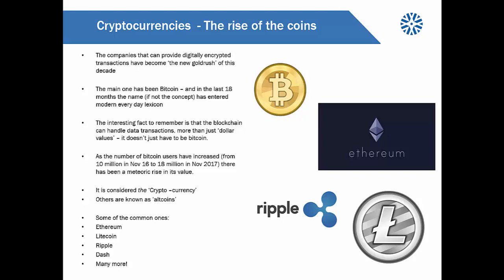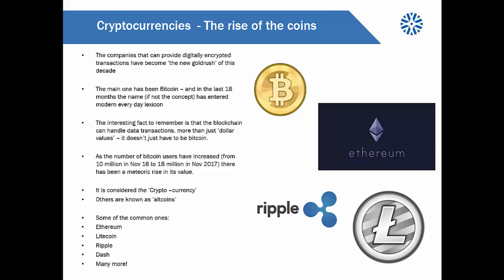The data we had was that the number of Bitcoin users increased from 10 million in November 2016 to 18 million in November 2017. There has been a meteoric rise in value from the end of 2016 through to now, here as we move into spring of 2018. And we fully expect that number to increase.